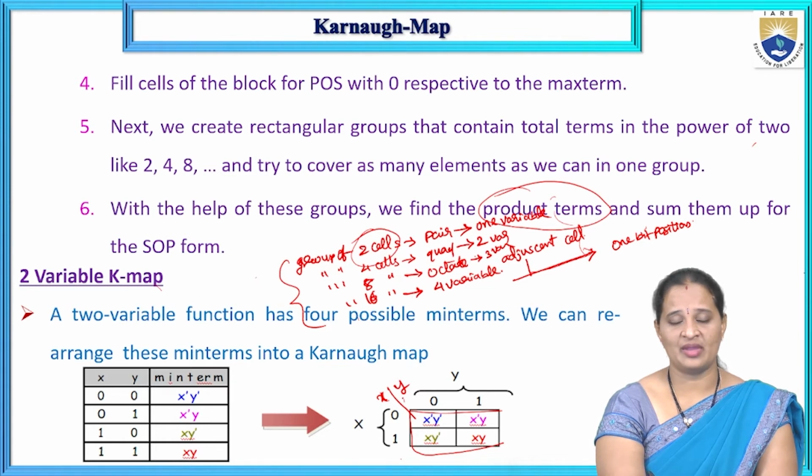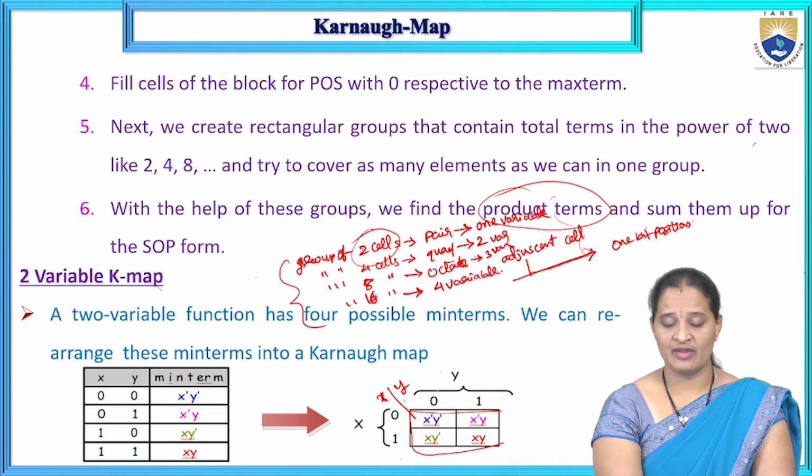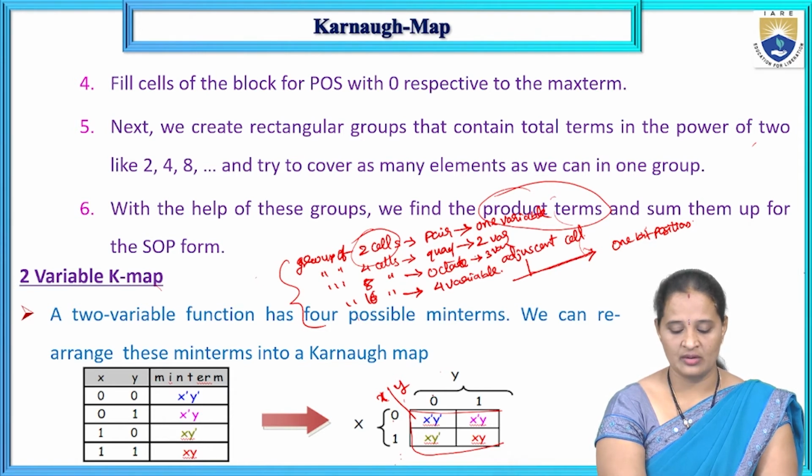Similarly, the Y value may be either 0 or 1, so that is why we have 2 columns, one for a Y value of 0 and one for a Y value of 1. So this is a 2 by 2 array, where X equals 0 and X equals 1, Y equals 0, Y equals 1.